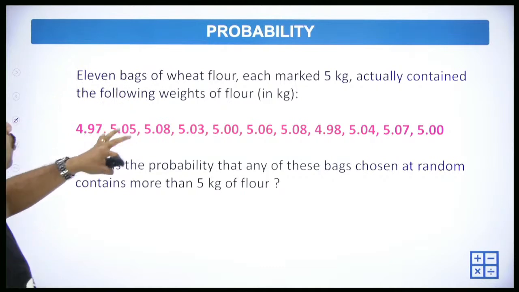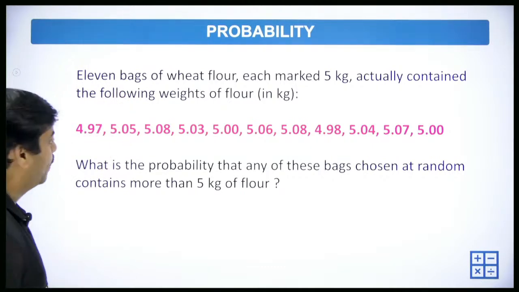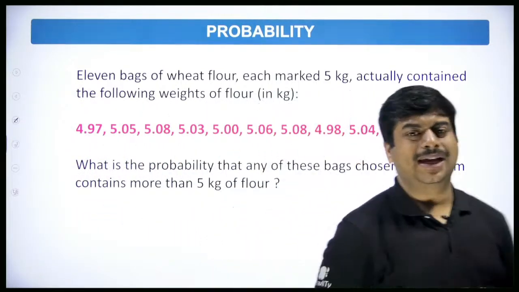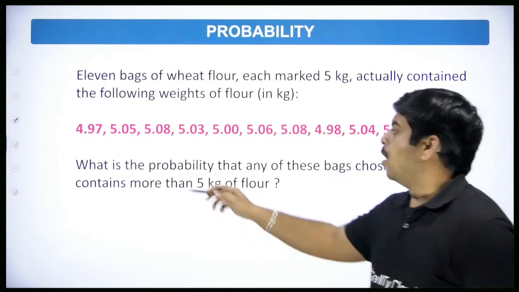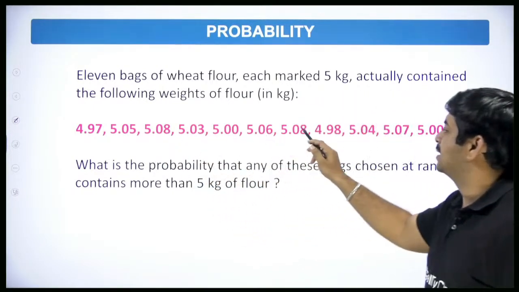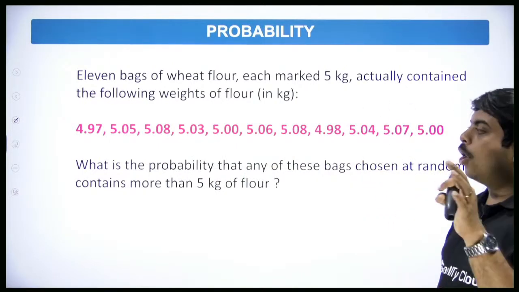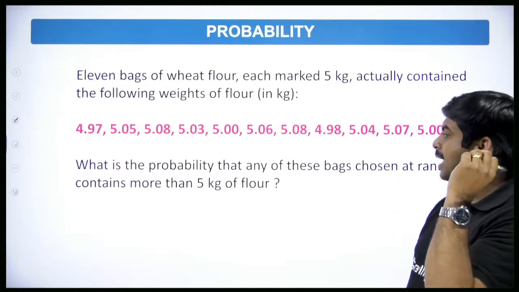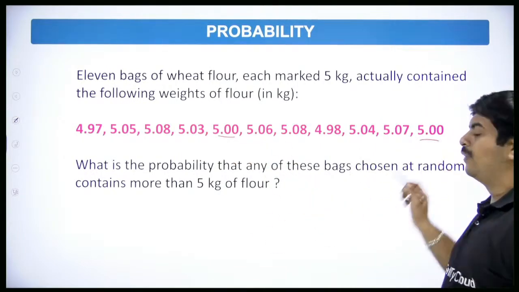Next: 11 bags of wheat flour, each marked 5 kg, actually contain the following weights of flour. So there are 11 bags, and we thought each one is 5 kg, but not all of them are equal to 5. They are either greater than 5, less than 5, or equal to 5.